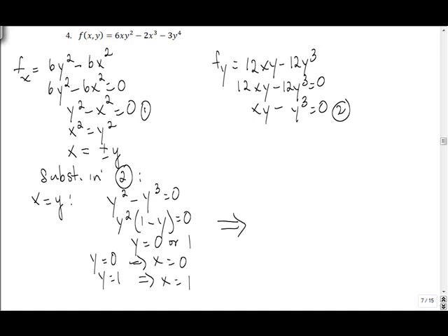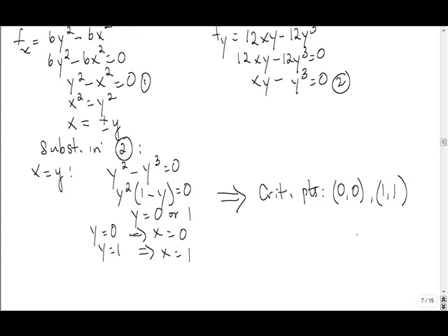So this gives us critical points (0, 0) and (1, 1). Any questions so far? Let's continue.